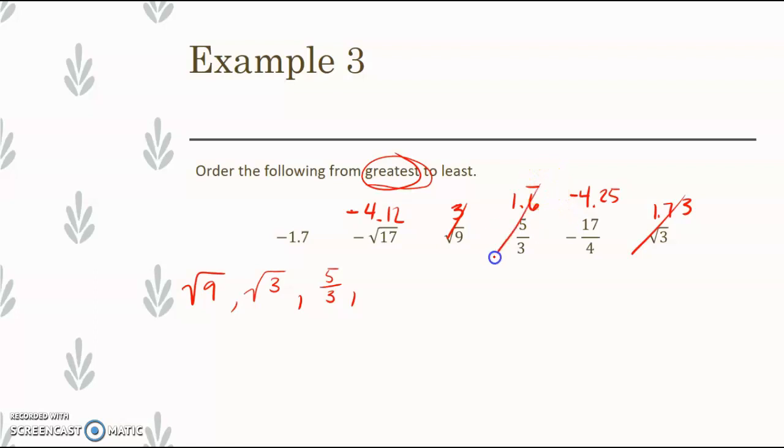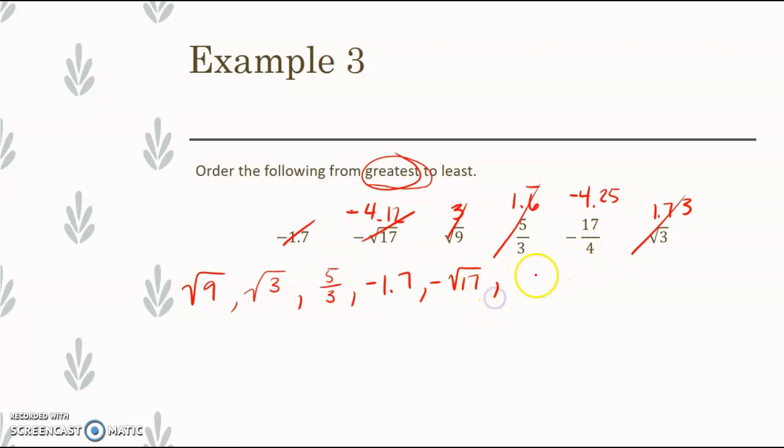So now I get to work into the negatives, and since we're starting with the biggest, I actually need to find the smallest negative number, and so that would be this negative 1.7. And then our next smallest negative number, or technically biggest number, is negative the square root of 17, because negative 4.12.